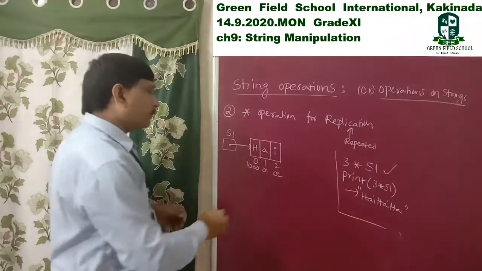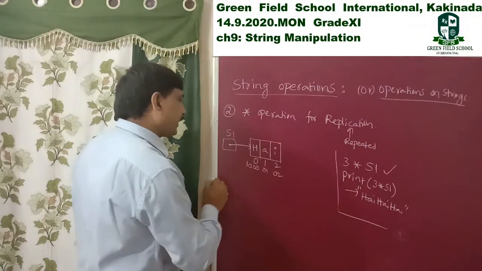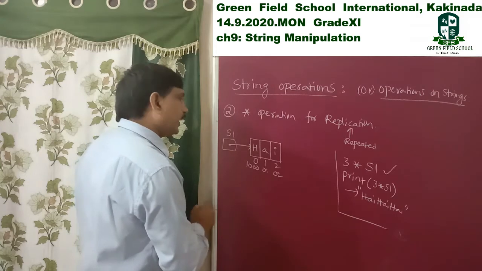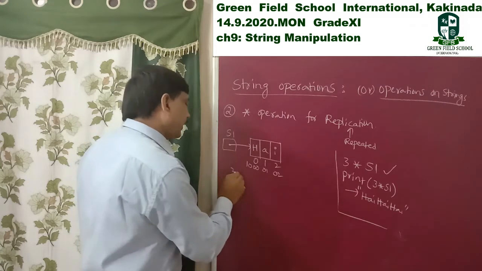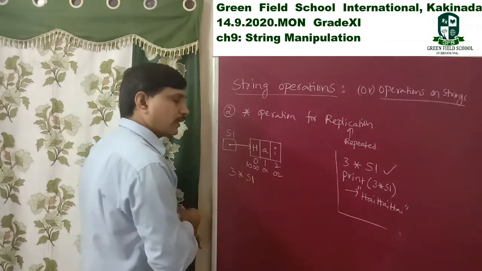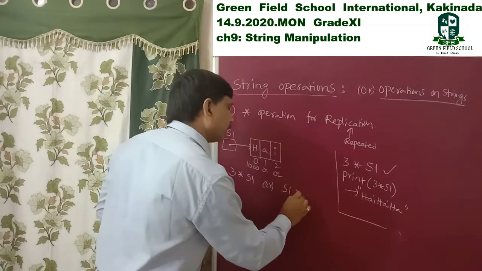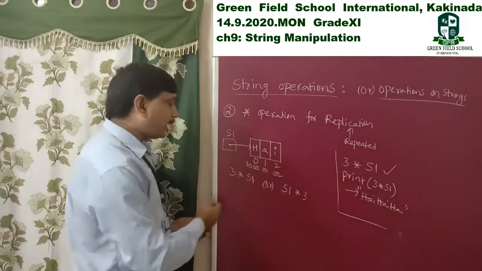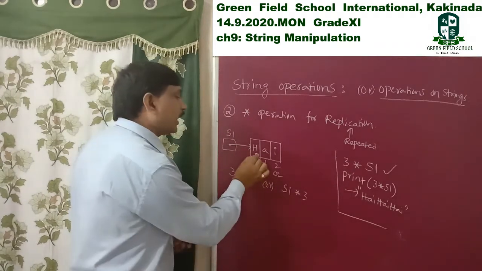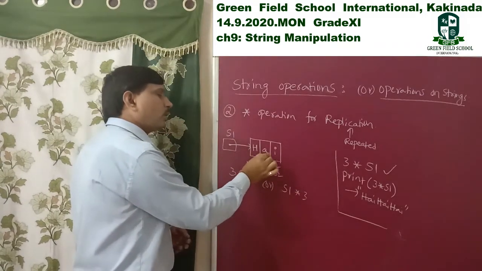Next, coming to 3 times, I write 3 into S1, or S1 into 3. Both are valid. Repeated 3 times, so in total how many characters? 1, 2, 3.